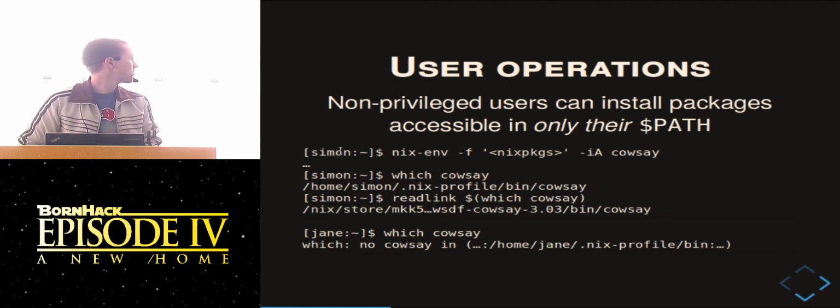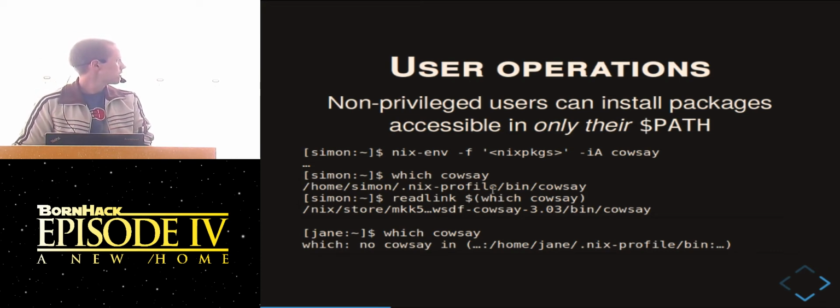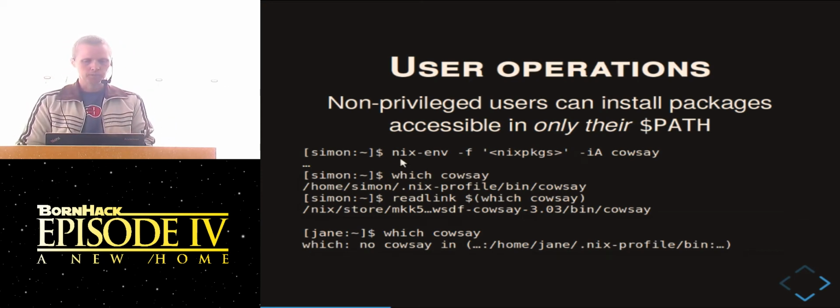So this is basically what I showed. We have a user Simon that installs cowsay in his environment and can run it and access it. But a different user Jane tries to access cowsay in her environment and it's not there. Of course, Jane can run the same command and she'll get a cowsay in her environment, and that may or may not be the same one as Simon's.